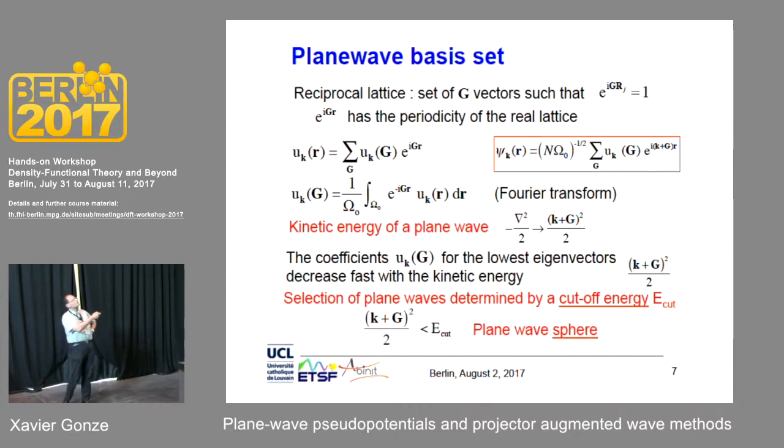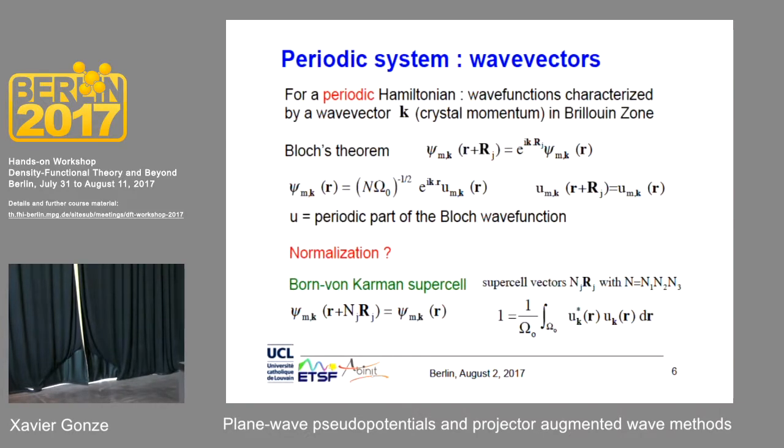So plugging this formula into the previous expression for the Bloch wave function, we obtain the following expansion in a function of the plane wave with coefficients that multiply e^{i(k+G)·r}. The k comes from the previous equation. Here you had this e^{ik·r} multiplying the real space periodic part of the Bloch wave function.